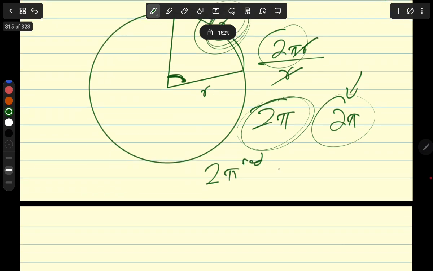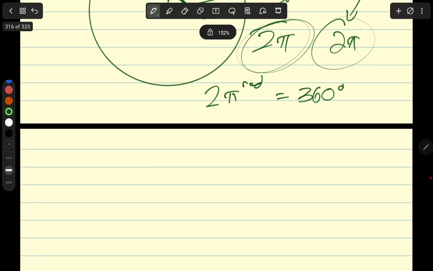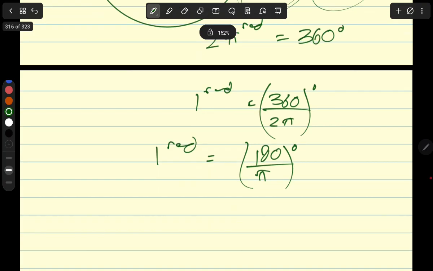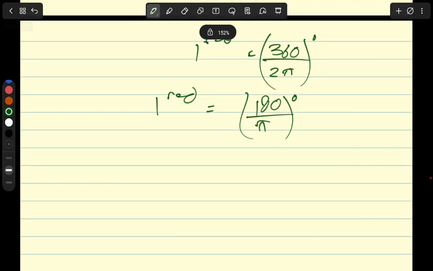Now 2 pi radians is equivalent to 360 degrees. Then we say that 1 radian is equal to 360 upon 2 pi degrees, which is equivalent to 180 divided by pi degrees. So there you go. Nobody just assumed that pi radians is equal to 180 degrees.